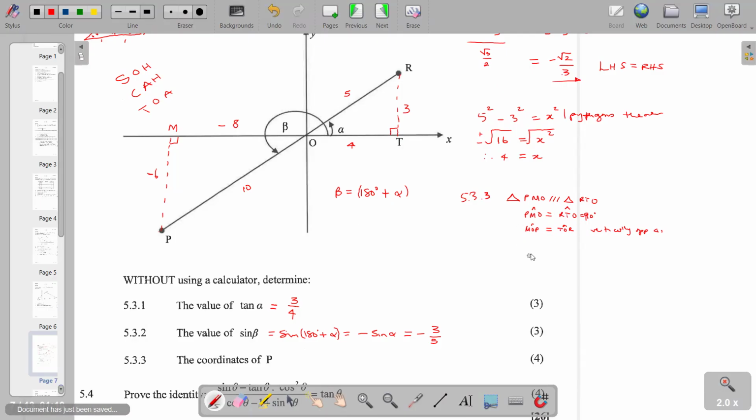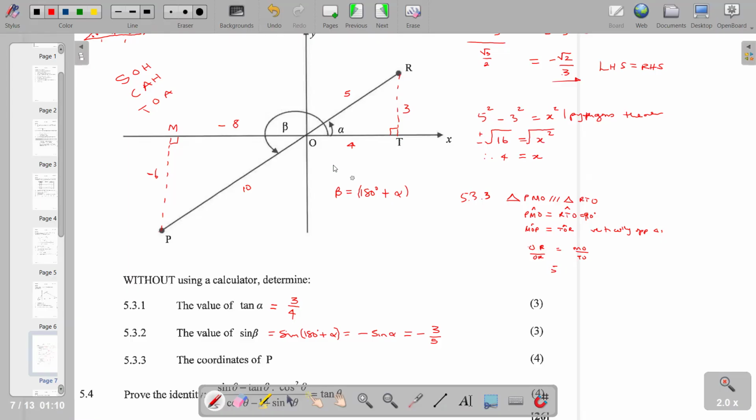So we can now say OP divided by OR must be equal to MO divided by TO. So OR we know is 5.